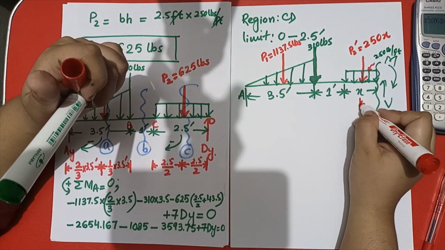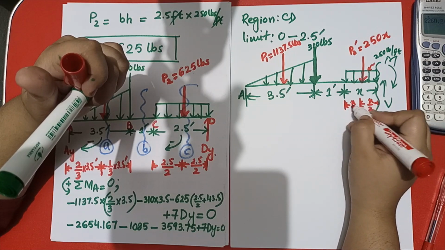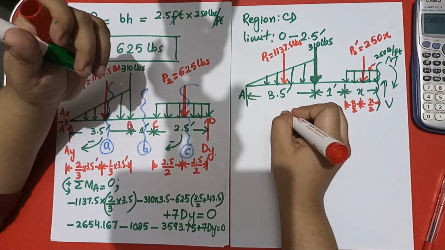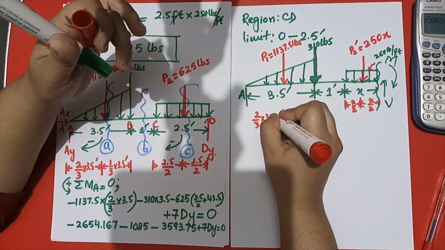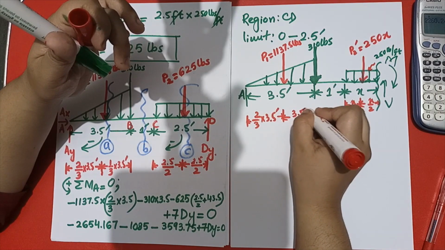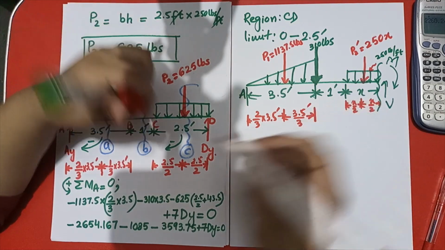And the distance will be what? This is X by 2 and this will be X by 2. And here it is 2 by 3 into 3.5 feet. Obviously, this will be 3.5 feet divided by 3, 1 by 3 into 3.5 feet.